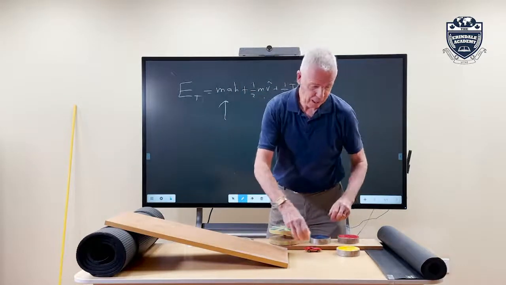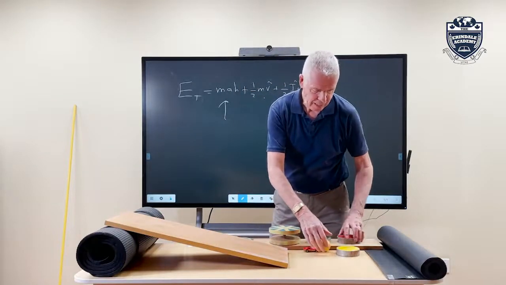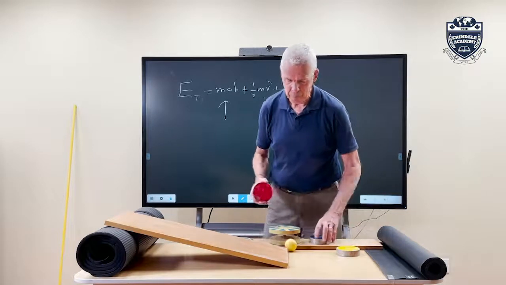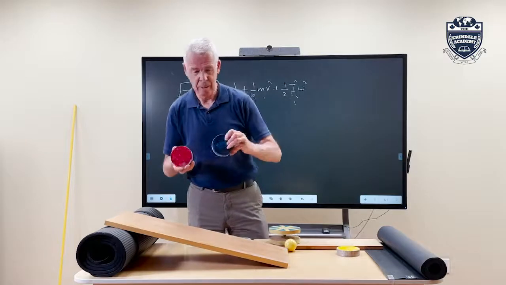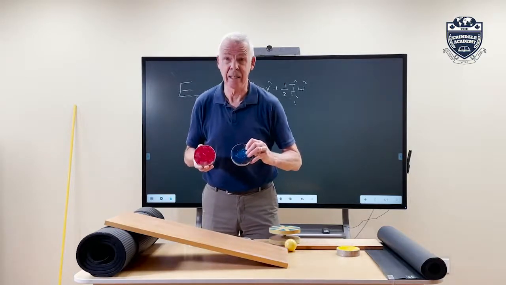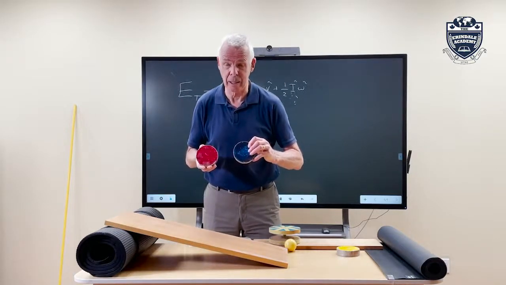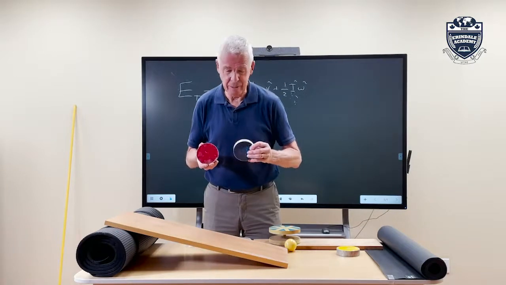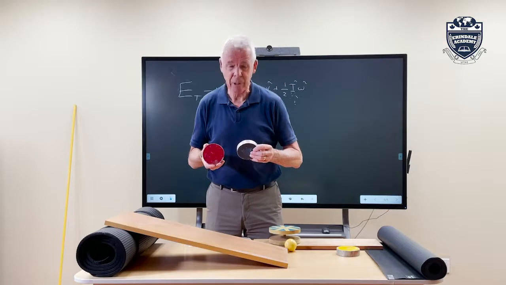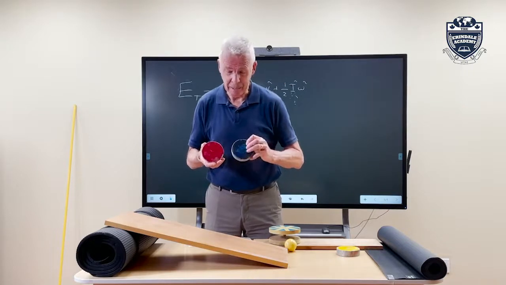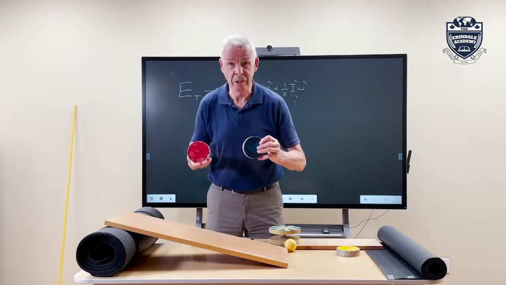But there are other factors too. Let's look at these two identical wheels. Well, they're not identical. One's blue and one's red. And you could ask me, are there any other things that are different about them? Well, there are, but I'm not going to tell you what. I can tell you they're made of the same materials.